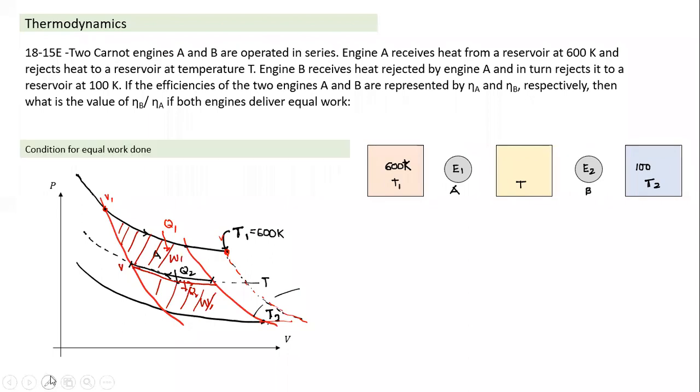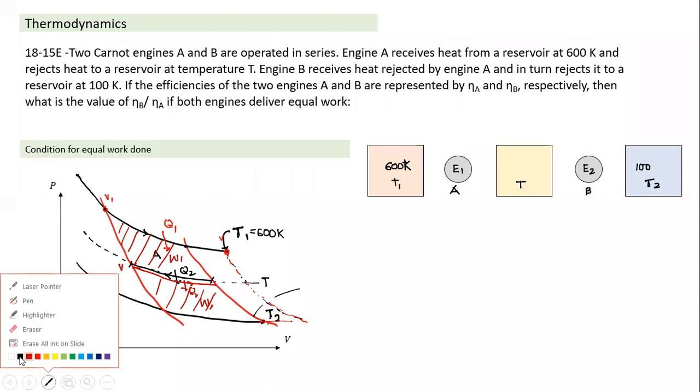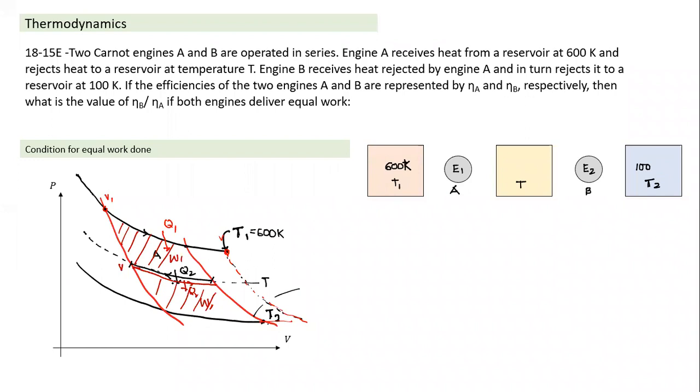So hopefully, okay. Now coming back to what happens if we split into two parts. For these two engines to be equal, if I call this point 1, 2, and this point 3 and 4, and this point 5 and 6.